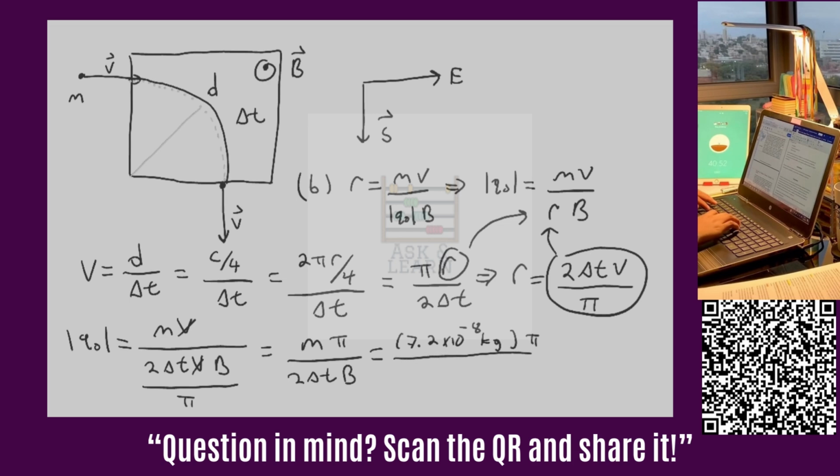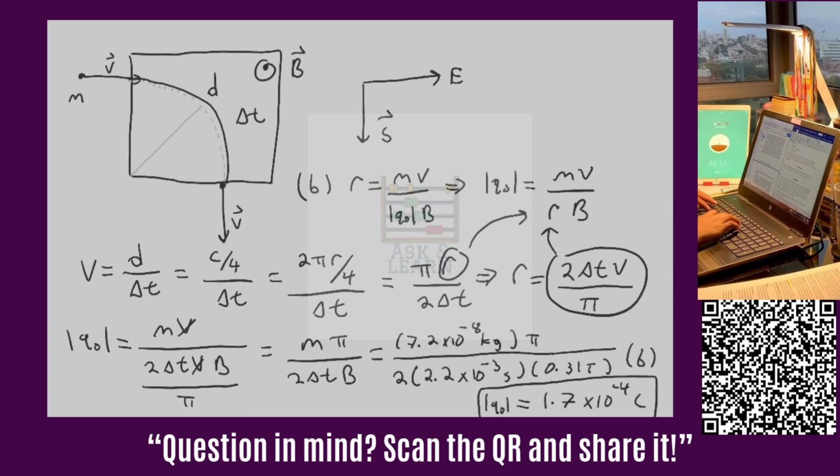We'll carry that out to as many decimals as we can on the calculator. And then we have a time in this region of space of 2.2 times 10 to the negative 3 seconds, and the magnitude of the magnetic field is 0.31 teslas. Plug all that into our calculator, and we see that the charge of our particle is 1.7 times 10 to the negative 4 coulombs. So that is the answer to part B of this question.